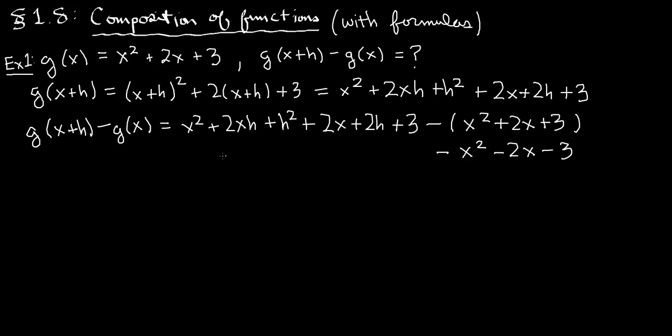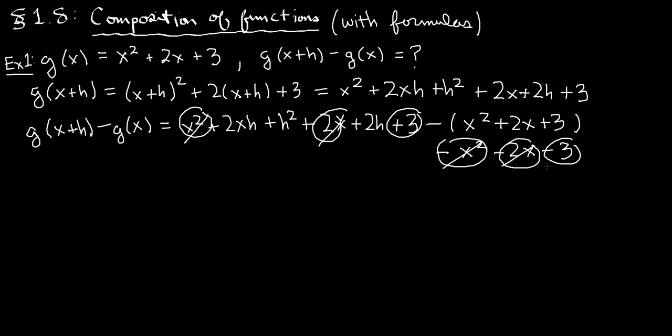Okay, so now continuing with the computation, we can start canceling out some of these terms. X squared minus x squared, they cancel. Minus 2x and 2x, they cancel. And 3 and minus 3. Those are gone too. So finally, what you're left with is just 2xh plus h squared plus 2h. And that's the answer.